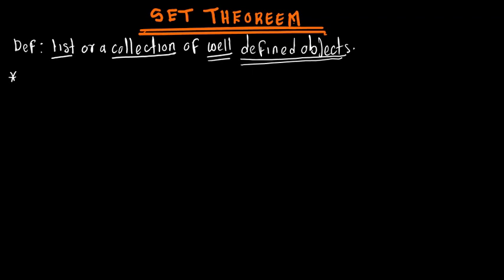Sets are represented, let me just write that point. Sets are represented by big letters. So we use big letters when representing sets. But at the same time, we use small letters to represent the members of that set.